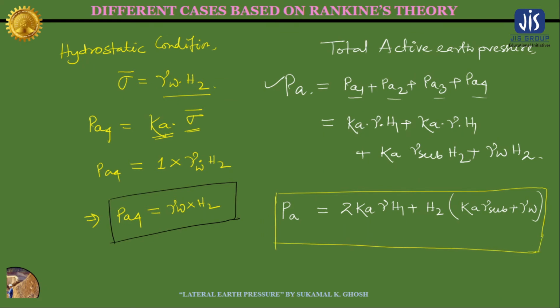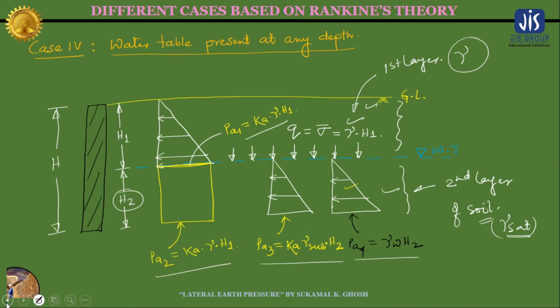So this is the total value of active earth pressure if a water table is present at any depth of the backfill. Okay. Now, since we have calculated all the active earth pressure, or you can say the total active earth pressure, now we need to calculate the resultant forces or the active earth pressure forces.